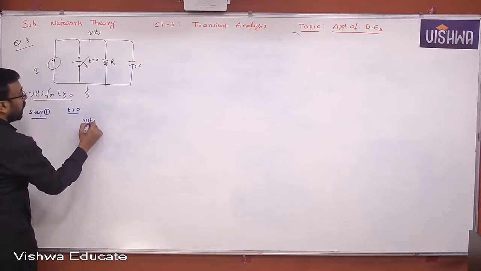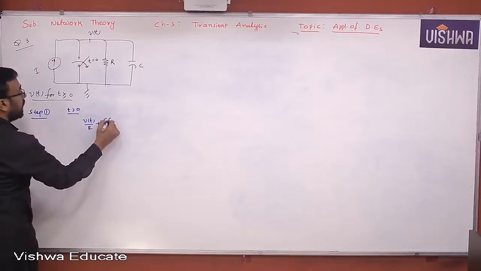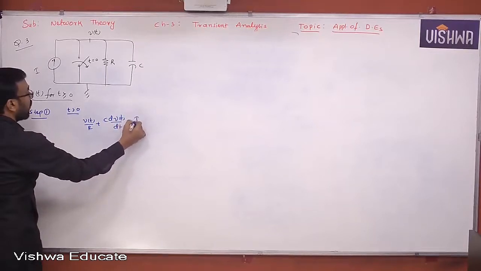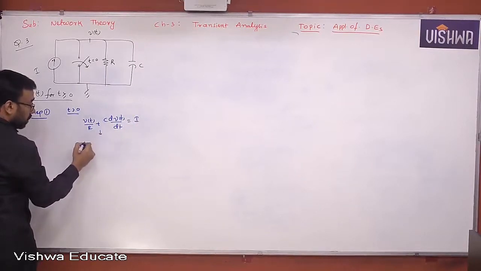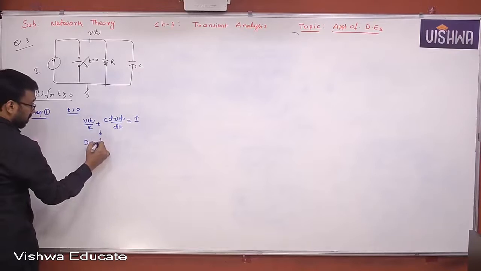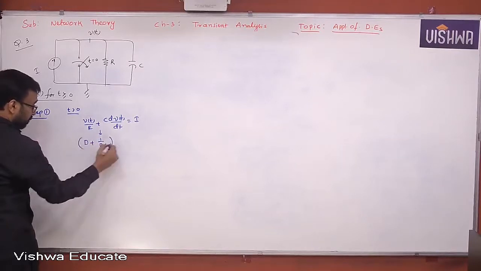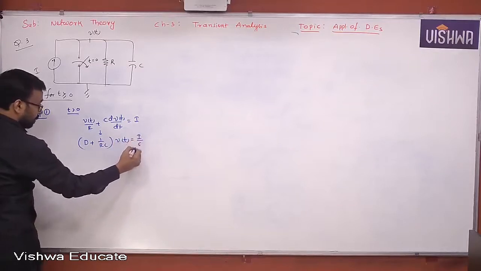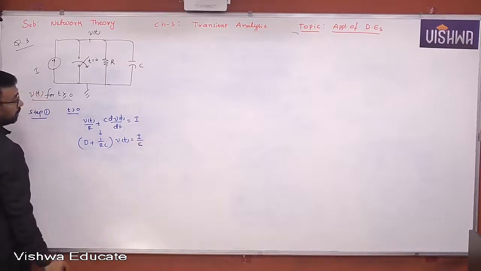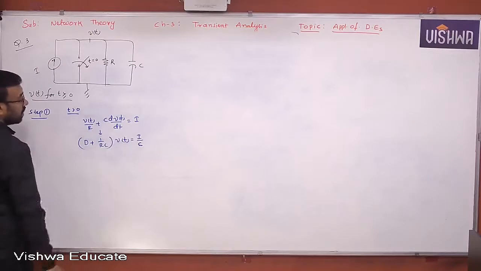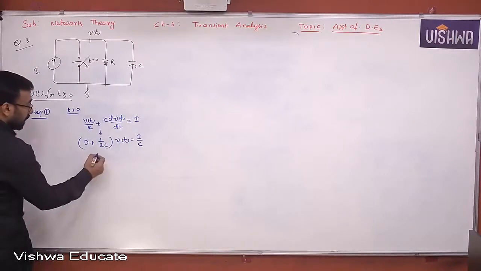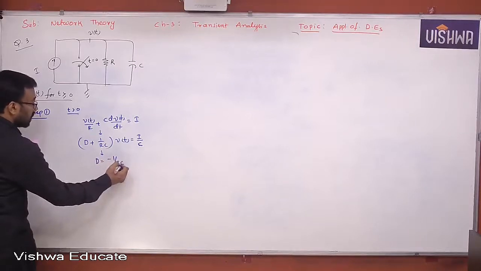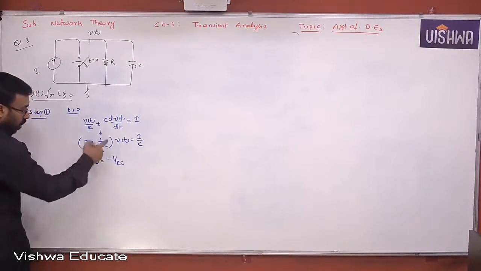V of t by R plus C dV of t by dt is equal to I. From this, (D plus 1 by RC) V of t is equal to I by C. You take the C outside. And from this, you understand that D is equal to minus 1 by RC. This is the root of the differential polynomial.